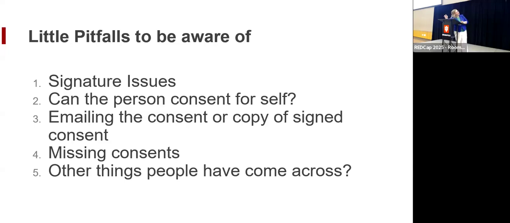We talked about emailing. If you're missing a consent, this has happened before. Every once in a while, something weird happens and you're like, what happened to that consent? What are we going to do with that? A perfect example of this is a couple years ago, Alexander and I were doing something where the person signed the consent on the iPad for one of my research assistants, and the consent was gone. We couldn't find it.